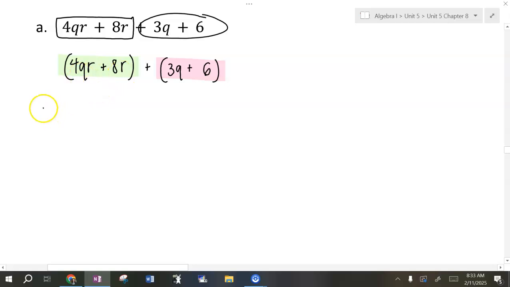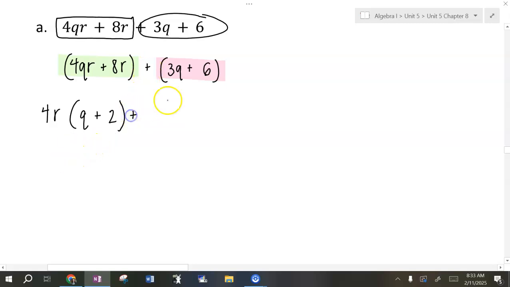So in the first group, my greatest common factor, like I said, was going to be 4R. When I undo that distribution, it leaves me with Q plus 2. I know that's going to be Q plus 2 because if I distribute that, it would give me 4QR, and the second term would give me 8R, so I know I did this right so far.